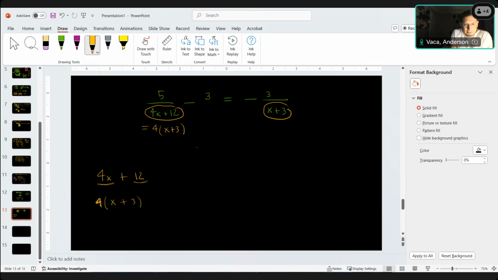So now let me rewrite this as 4 times x plus 3 minus 3 is equal to negative 3 over x plus 3. Now remember that when I did this, I was paying attention to the denominators. I'm noticing that a common denominator is going to have x plus 3.